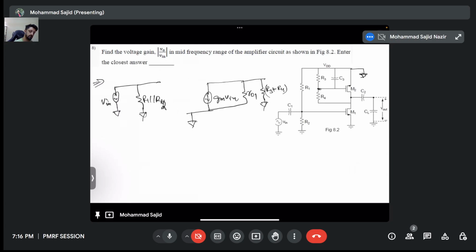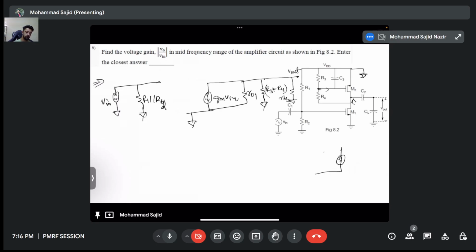Assuming that there is an infinite resistance here, we have our resistance looking into this terminal, calculated as Rm. And how do you calculate Rm?